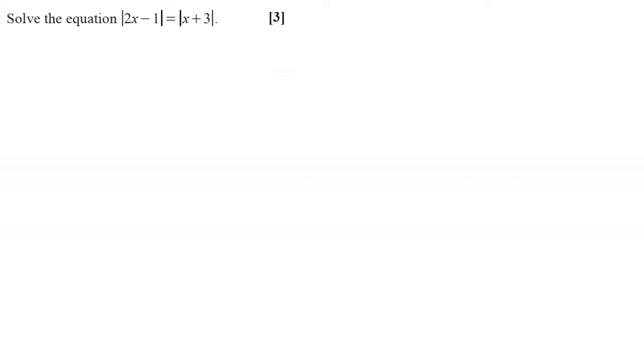Now, as I say, some of you, this is most probably going to be new to you. What do those lines mean? The lines mean, it's called a modulus, okay? And it represents a value that's positive. So, for instance, like x was minus 3, and if I put 2 times minus 3 in here, that would be minus 6, minus another one, that's minus 7.